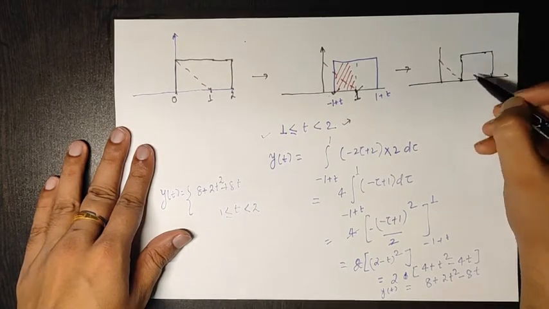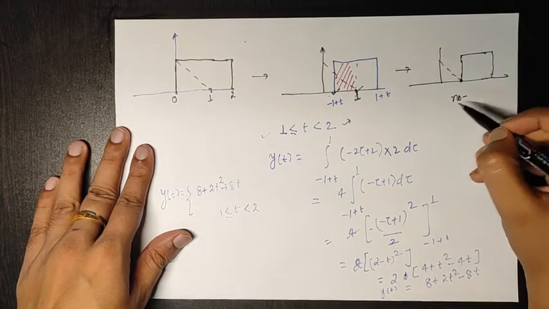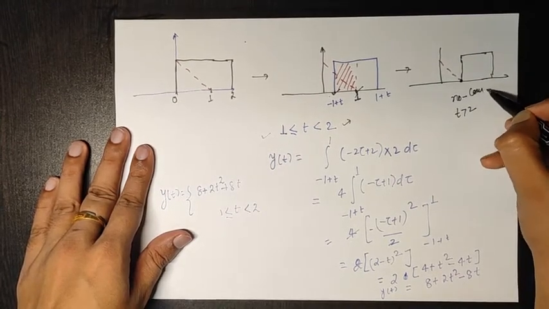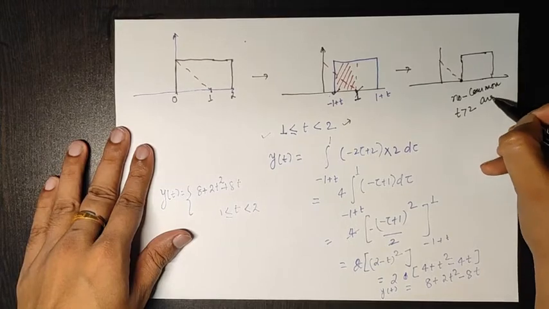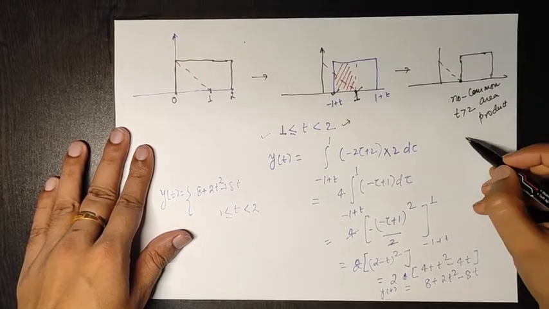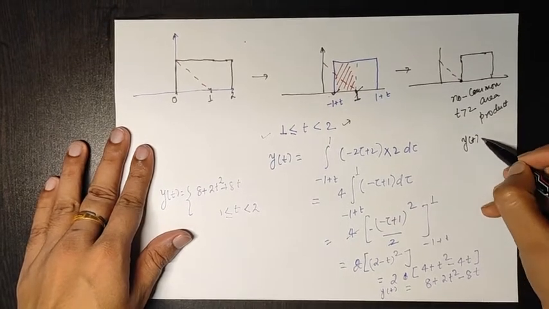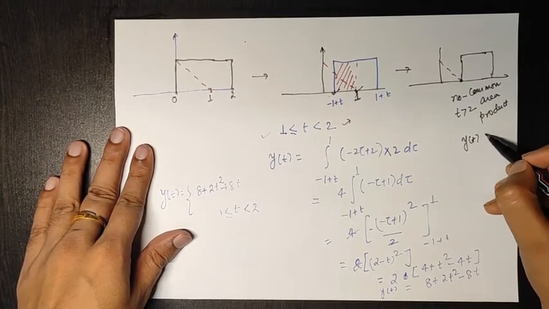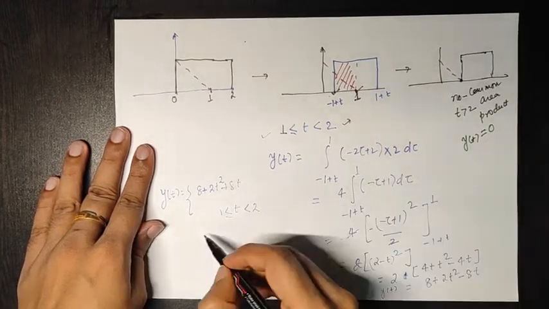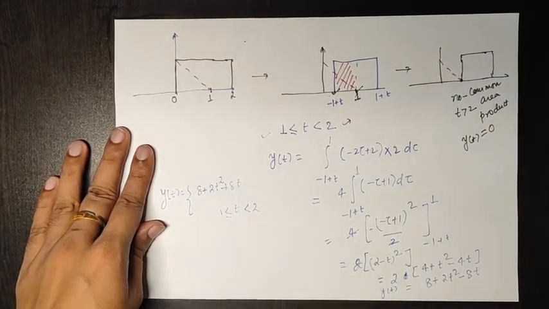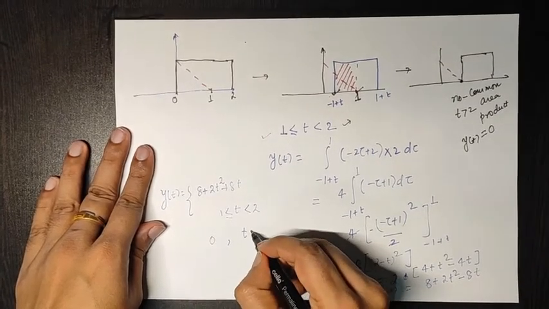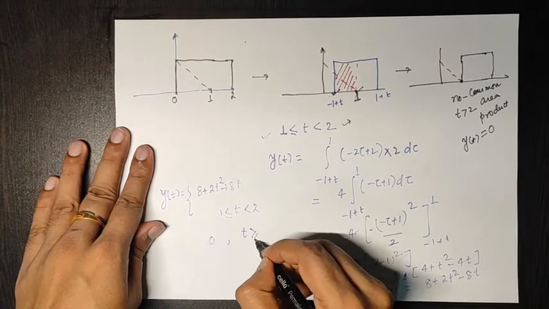After that there is no common area. When t is greater than 2, there is no common area product. So then y of t will be 0, because we cannot perform any kind of integration. So y of t will be 0 for t greater than or equal to 2.